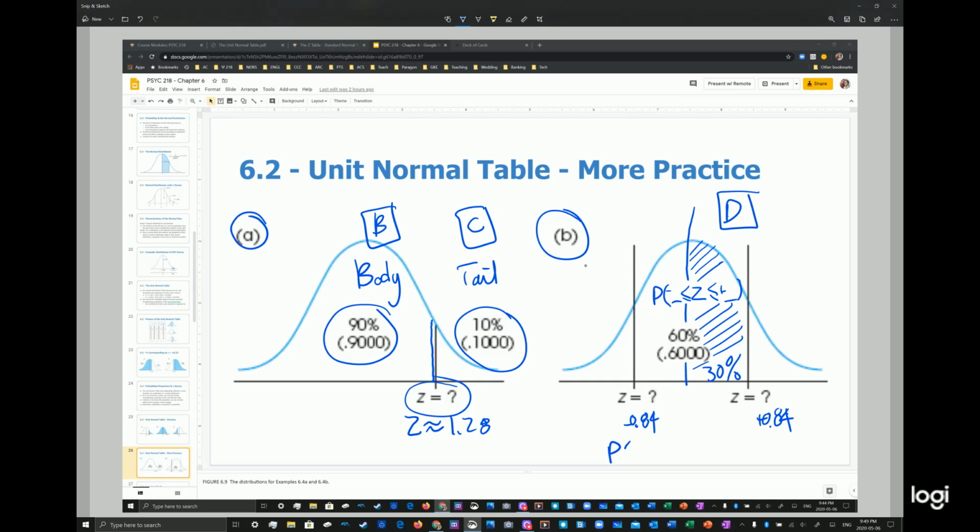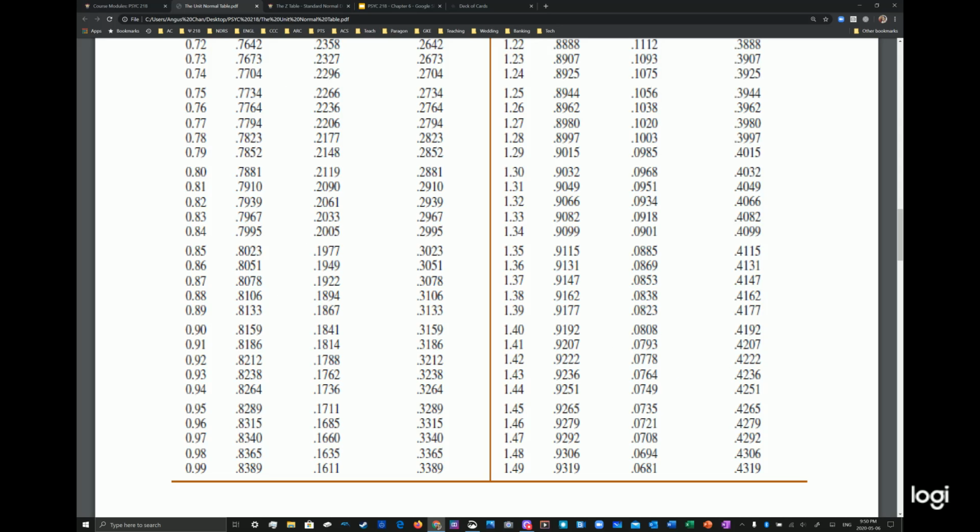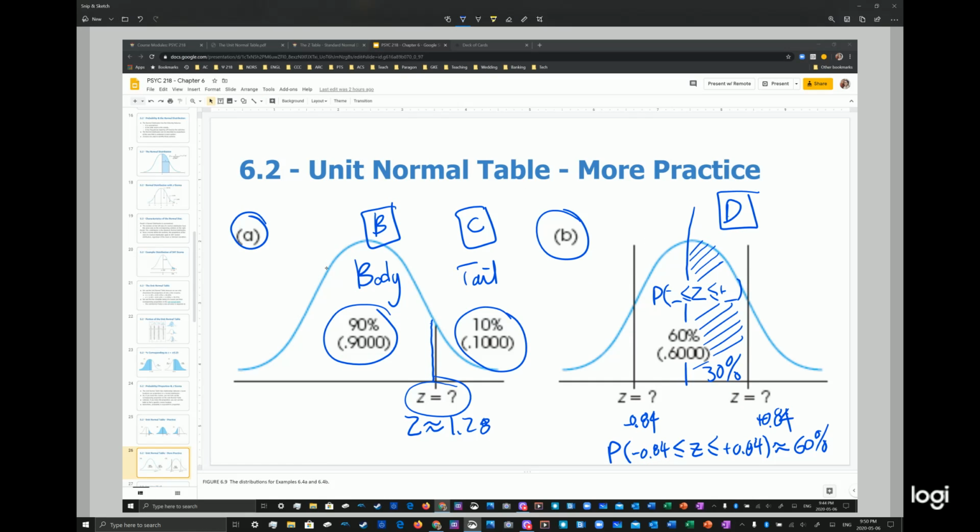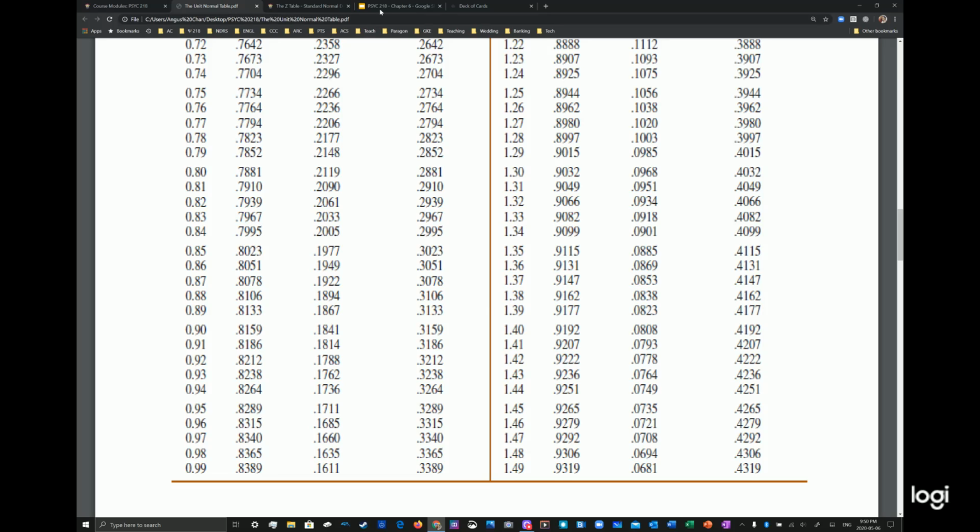So then we say the probability of a Z score being between plus and minus 0.84 would be really close, but not 30%, but 60%, because we're only looking at half of it, because it is between 0 and 0.84. So that's some more practice right there.